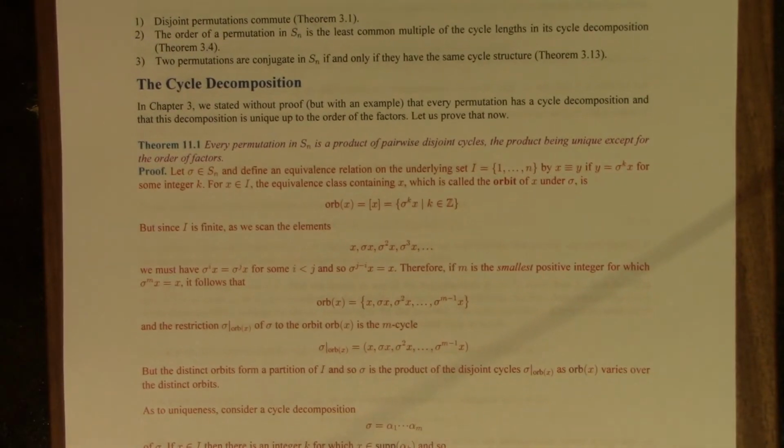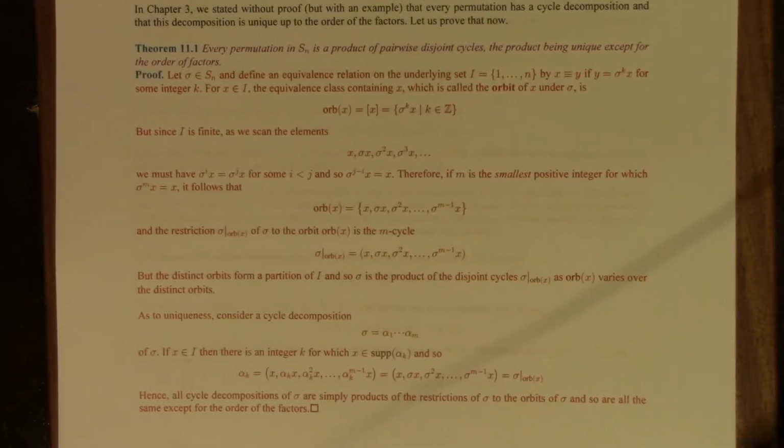We did state in chapter 3, without proof, but with an example, that every permutation has a cycle decomposition and that the decomposition is unique up to the order of the factors. So let's prove that now.